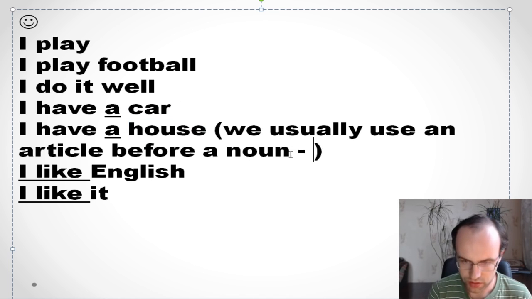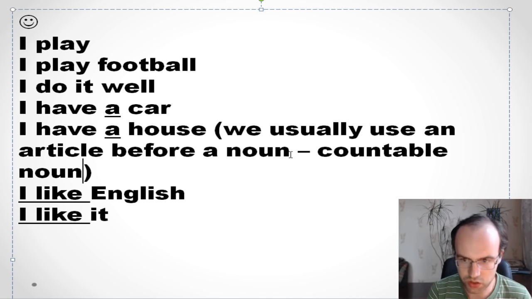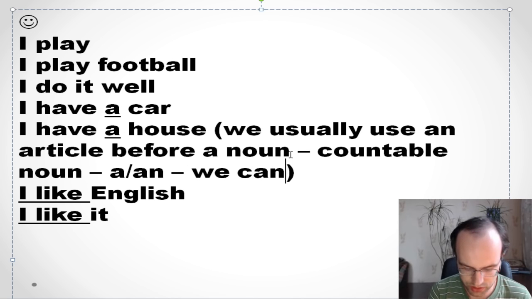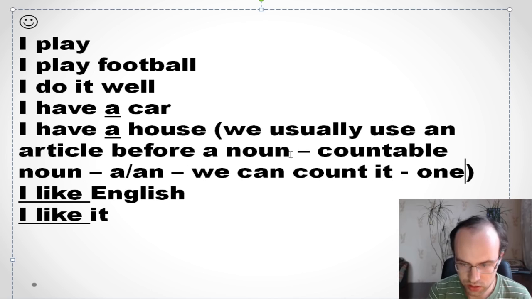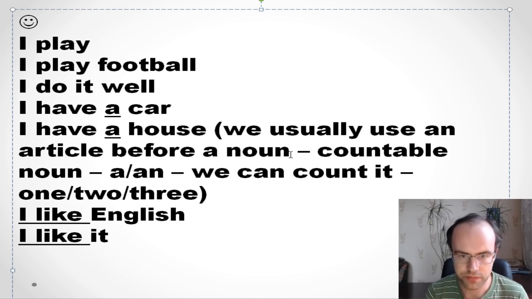A countable noun, a or an. So we can count it. 1, 2, 3.